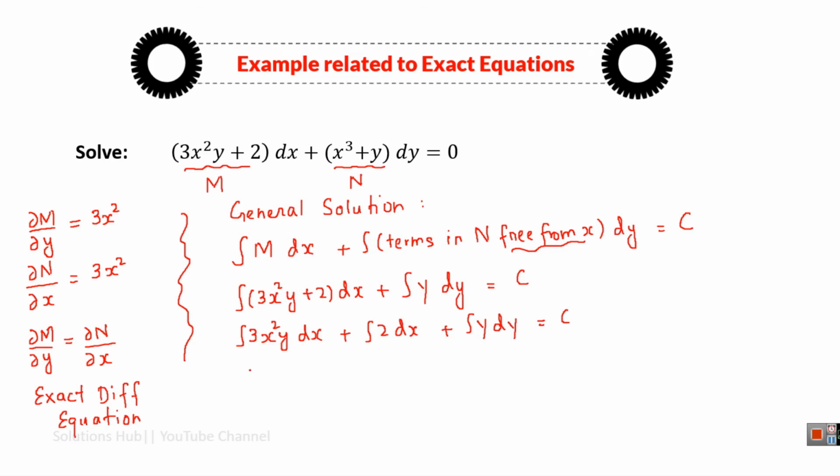So the final answer of this integral is x cube y plus, now the integral of 2 is 2x, plus the integral of y, which is y square over 2, and here we have a constant c.